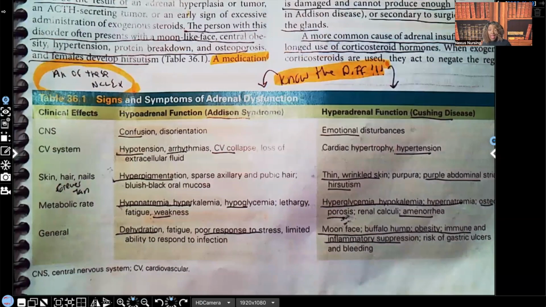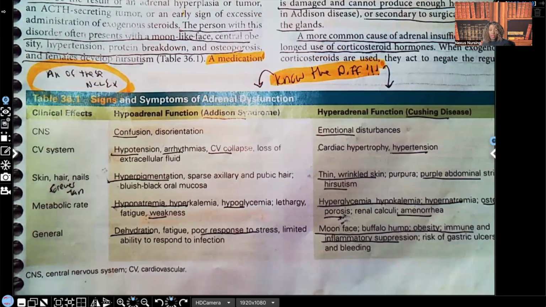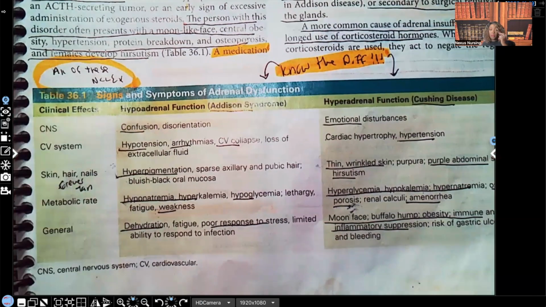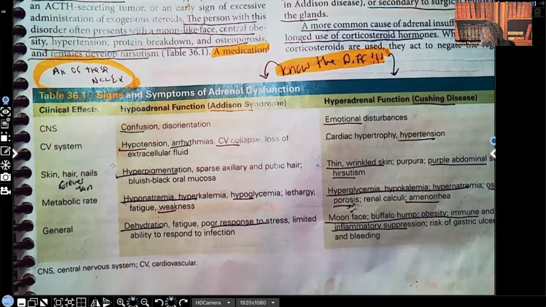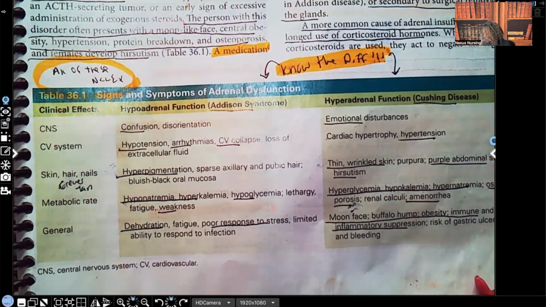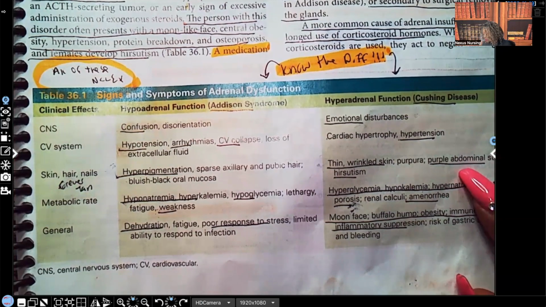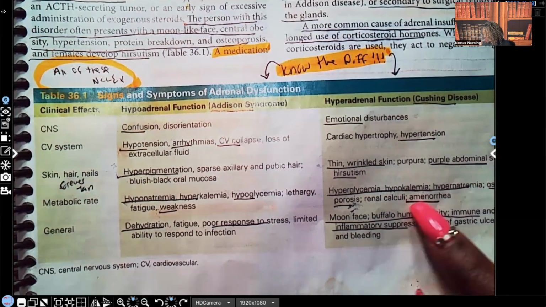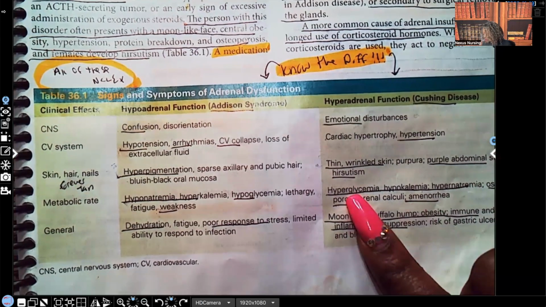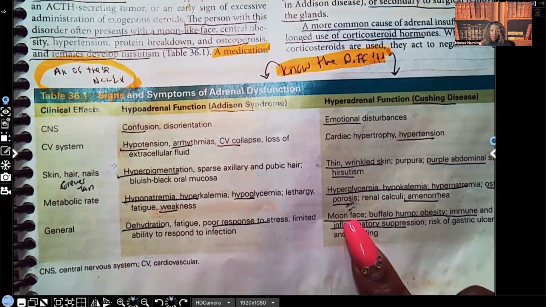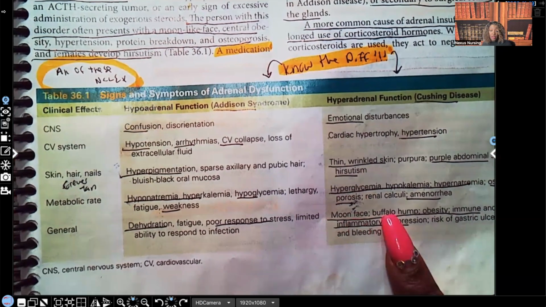By the way, NCLEX absolutely expects you to know the difference between Addison's and Cushing's, so pause to read. But here's Cushing's. Purple striae, purple abdominal striae, excuse me, hyperglycemia, moon face, swollen face, buffalo hump, obesity, etc. Pause to read.